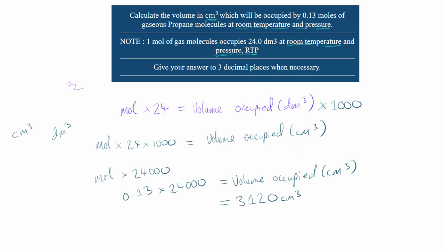And our question does specify, give your answer to 3 decimal places, right? And in our case, 3,120 doesn't actually have any decimals, so we don't need to do anything to this. This would be our answer. Okay.